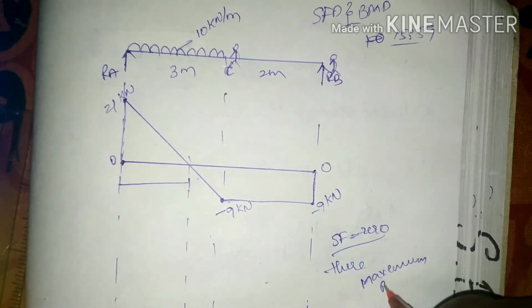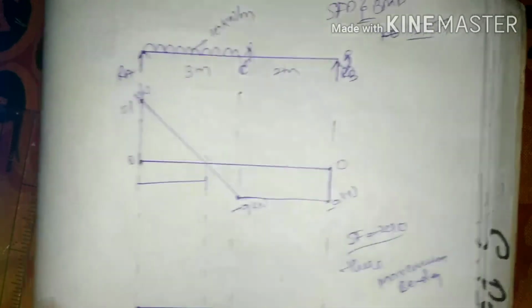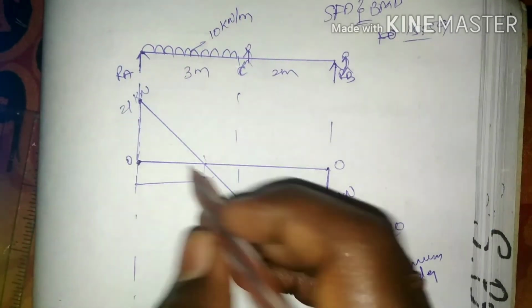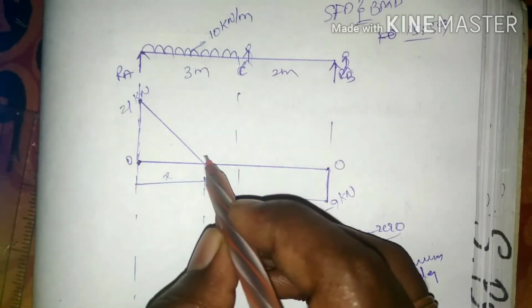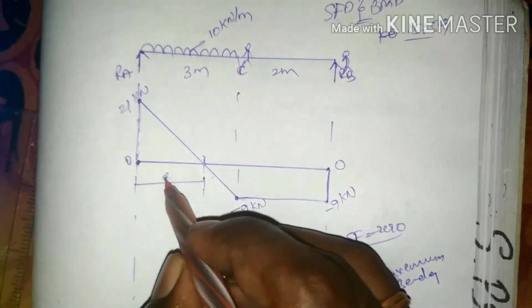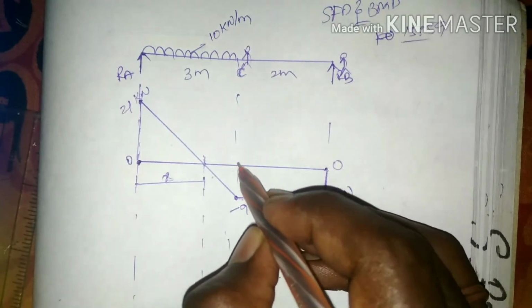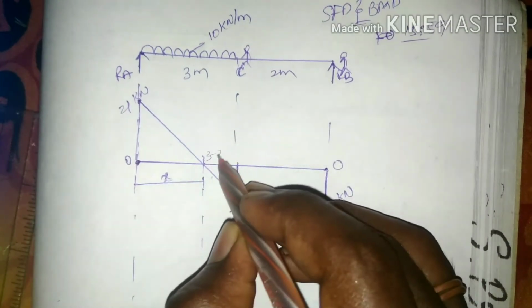To find the maximum bending moment, the shear force is 0 at a distance of x from A. Let us take x meters from A, and the remaining distance will be 3 minus x.